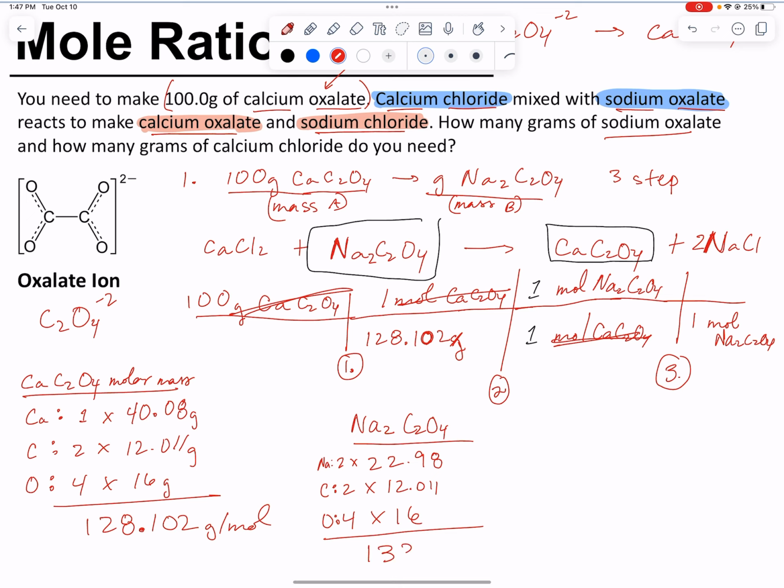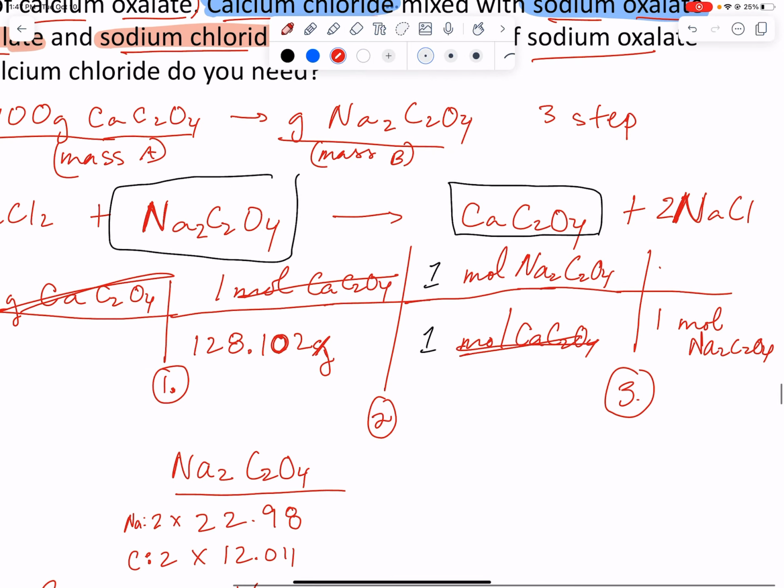So I got 133.982. That's how many grams of sodium oxalate for every 1 mole of sodium oxalate. That's what I'm going to write right up here.